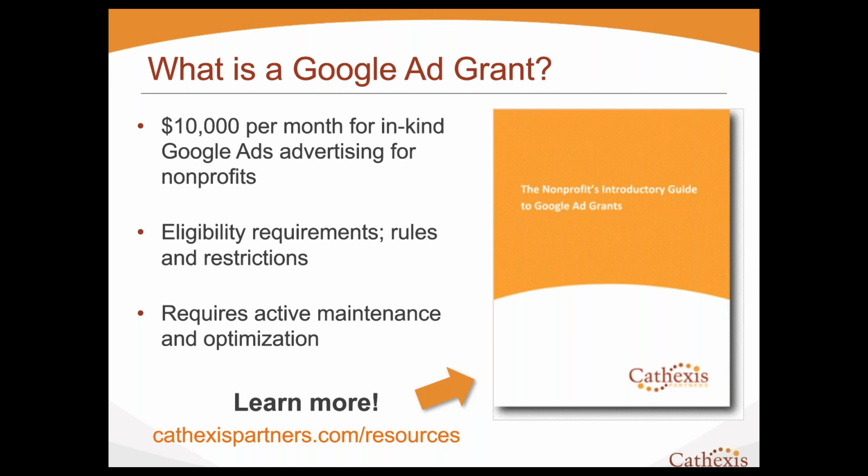You can see that at cathexispartners.com/resources. You can download that free guide that goes into more of the requirements. There are a lot of details and specifications that we don't need to bore everyone with today, but that is documented well online through Google's support, but also through our document that we put together.